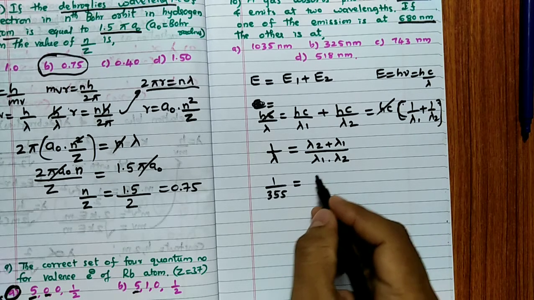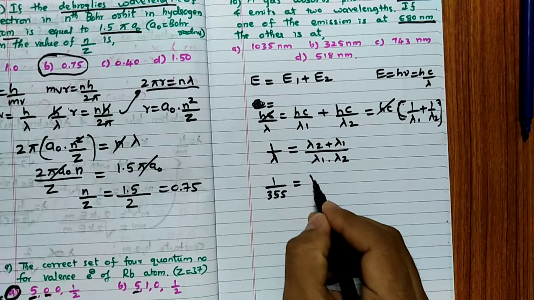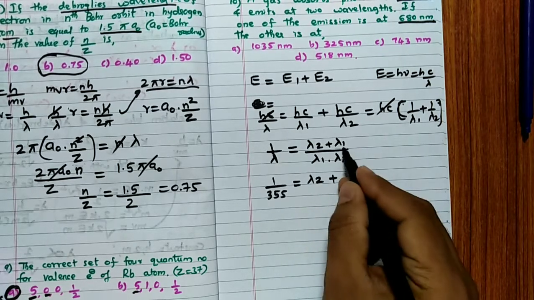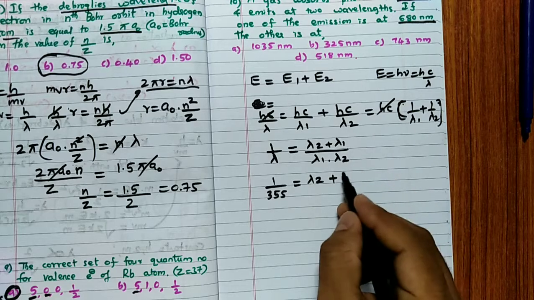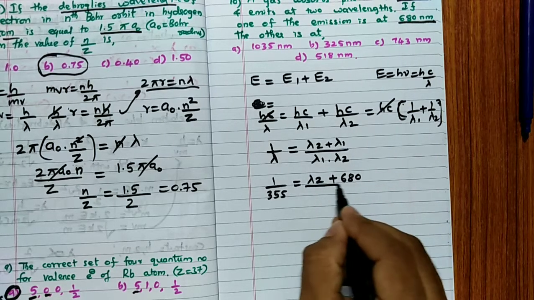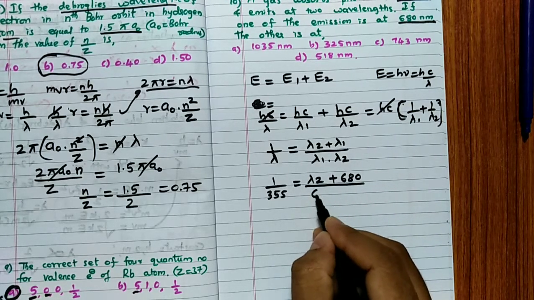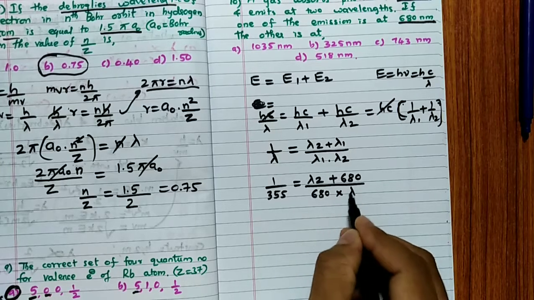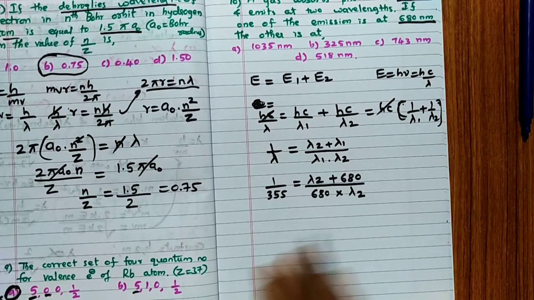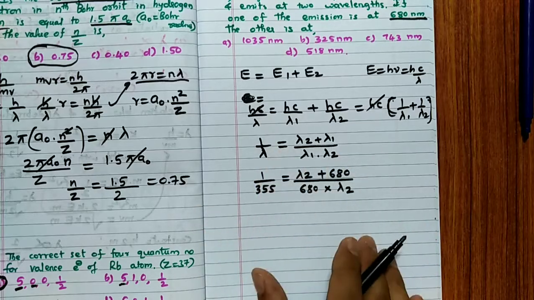Lambda 2 is equal to, plus lambda 1 is 680 divided by lambda 1 into lambda 2, 680 into lambda 2. You have to calculate. Instead of that, we will do like this. This is time consuming.